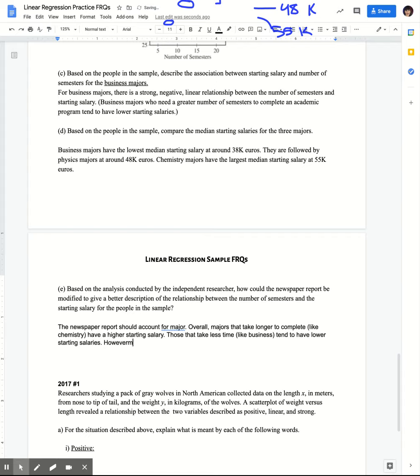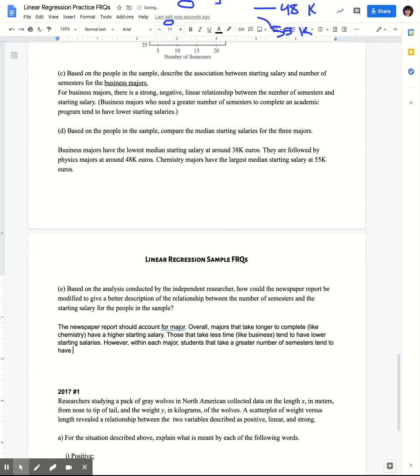However, within each major, students that take a greater number of semesters tend to have lower starting salaries compared to their peers in the same major.